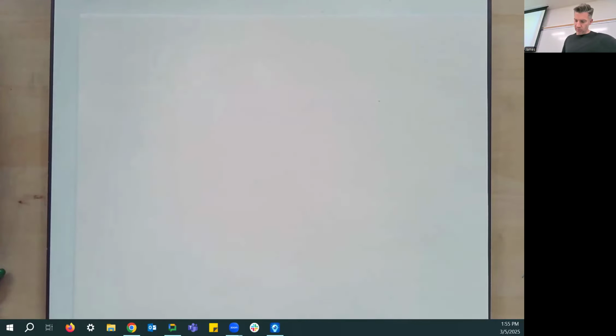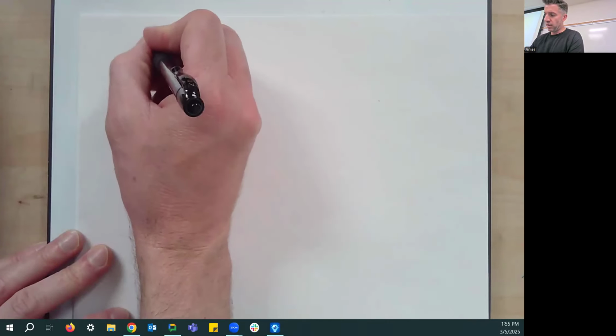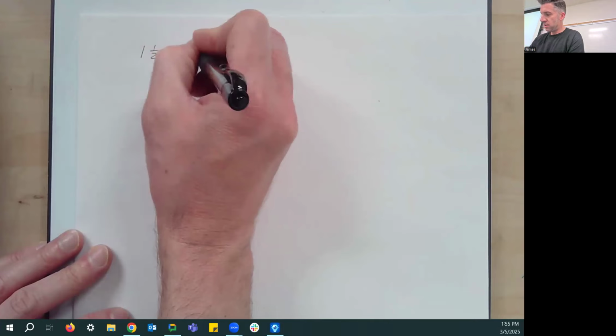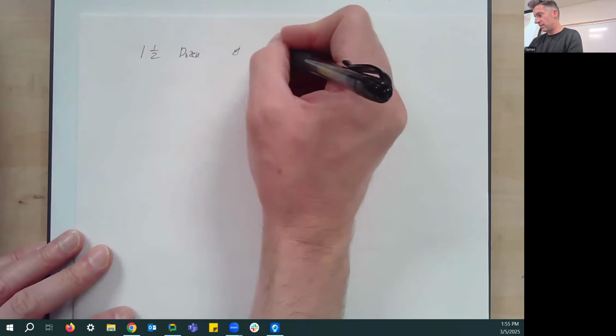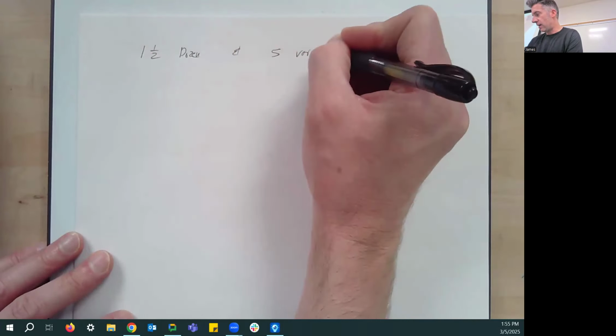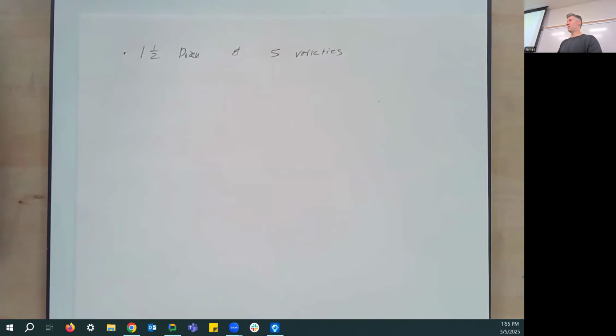We'll go bigger, and so we're going to buy 1.5 dozen. And now there are 5 varieties, which we won't distinguish all of them because we don't need to, but I will say the chocolate's in there because we're going to use chocolate in a second.